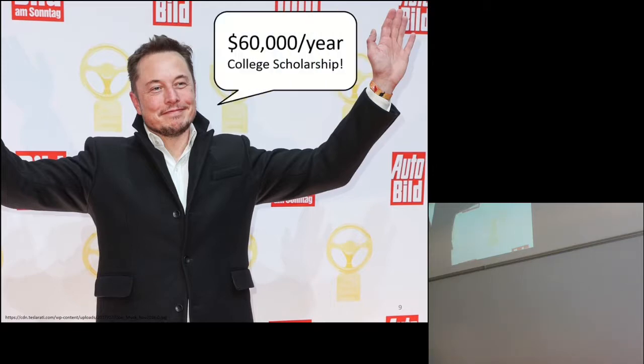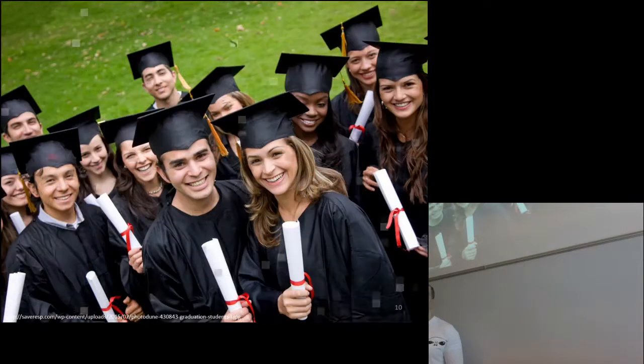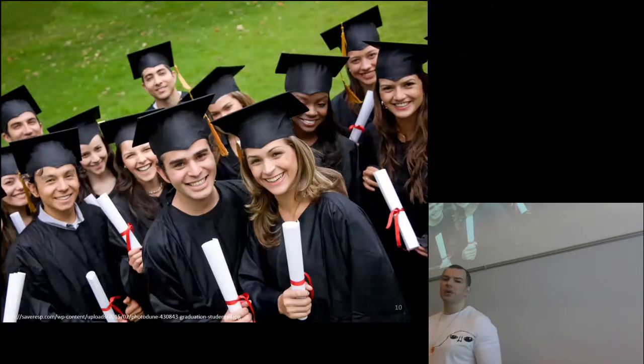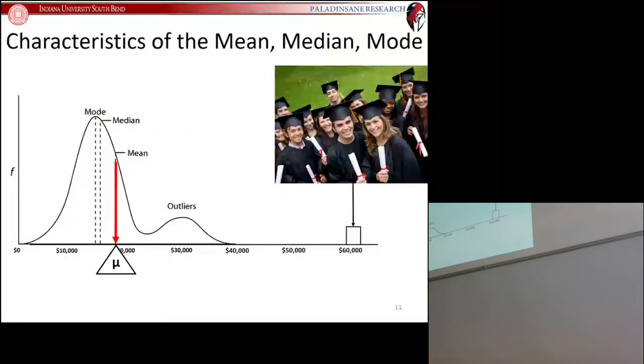For example, we saw what would happen if Elon Musk became invested in the success of high schoolers in Indiana and decided that if they graduated, he would give them $60,000 a year to attend university. Once they graduate, we saw that they would massively move many of these measures of central tendency. So this was the mean without Elon Musk's highly funded students.